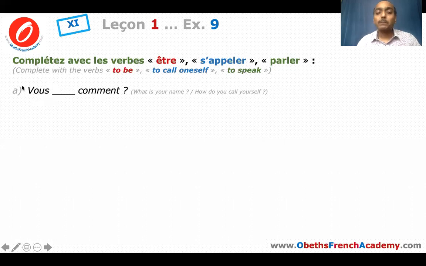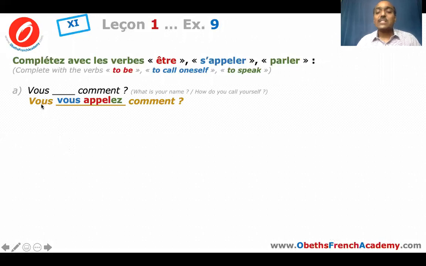So when the subject pronoun is vous, the reflexive pronoun should be again vous. And then the verb appeler, like a regular ER verb, you remove ER, you get the stem APPEL. That's what I've written in red color. And then when the subject is vous, like a regular ER verb, you can put the ending EZ.